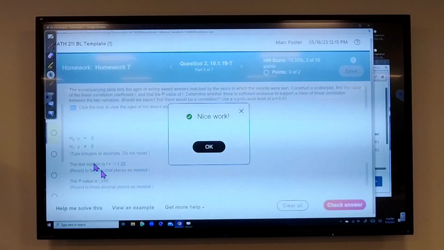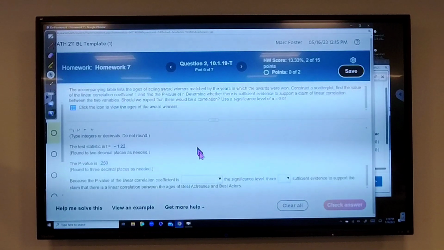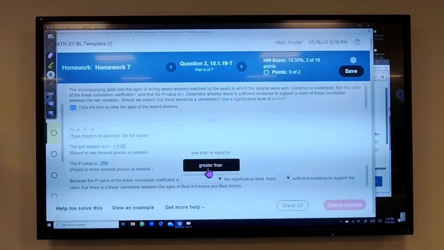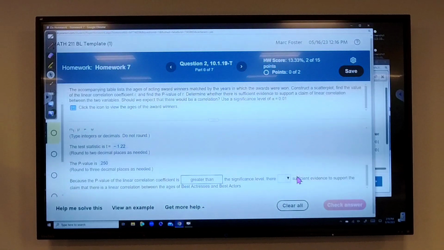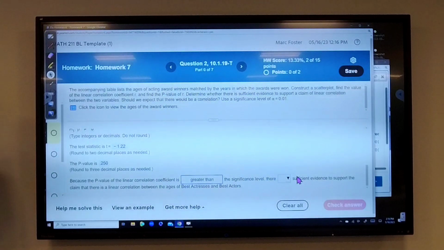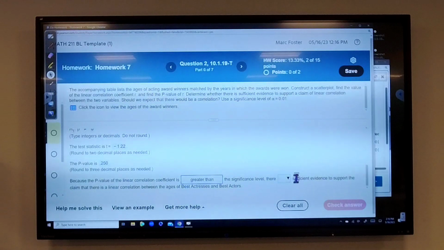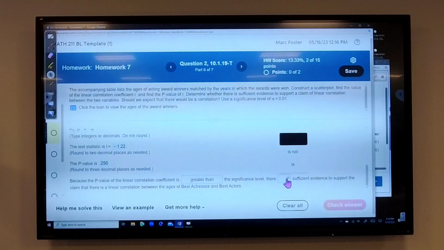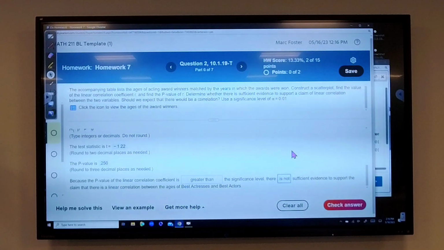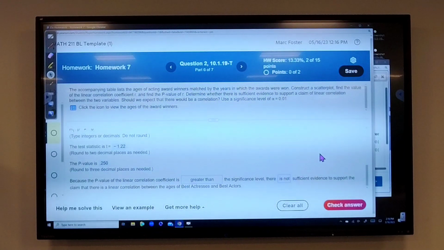And once again, it's greater than the significance level. I don't even need to check what the significance level is, because it surely ain't bigger than 25%. So there's not any evidence to say that we have a correlation.